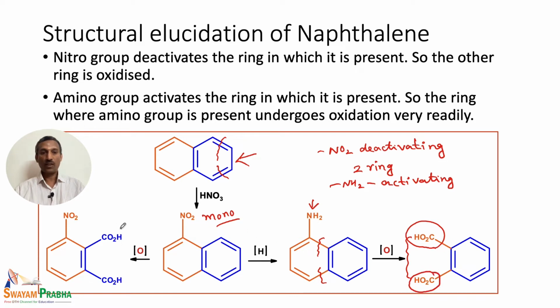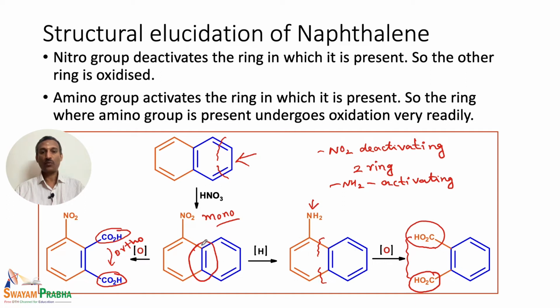So here again when we look at the nitrophthalic acid, the two carboxylic acids are in the ortho position. So these two reactions clearly tell that the two rings are attached in an ortho fashion.